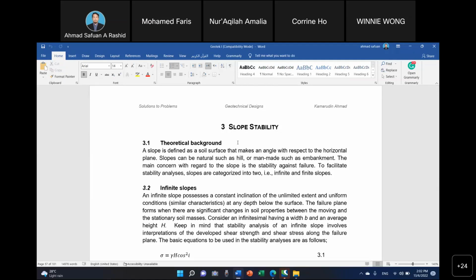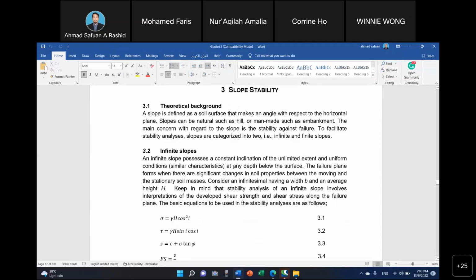I have discussed this previously, so when you read this paragraph, you already have the idea. What is the definition of slope? What is the main concern? And what types of slopes? So we go for the infinite slope.